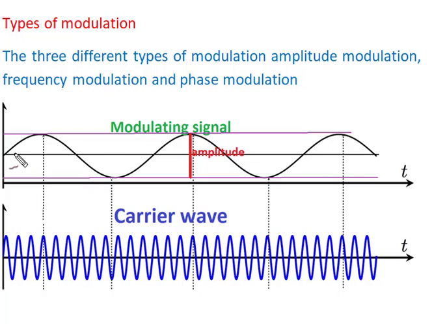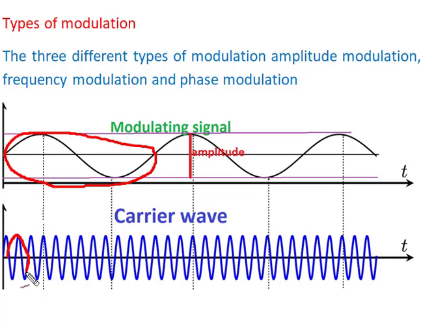The first parameter is amplitude, the second parameter is frequency. One wave, from here up to here, is the frequency of the modulating signal. The one wave of the carrier wave is like this.